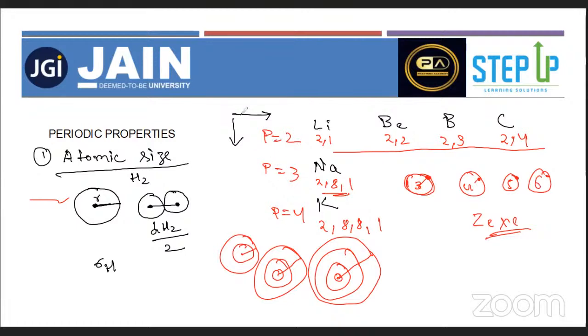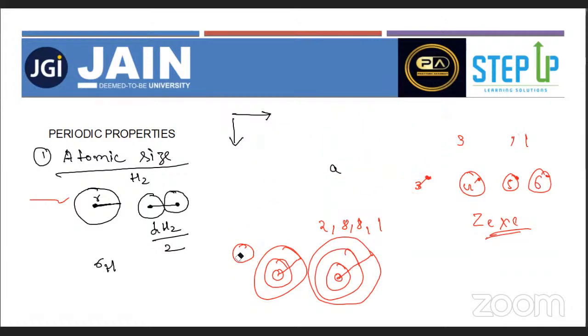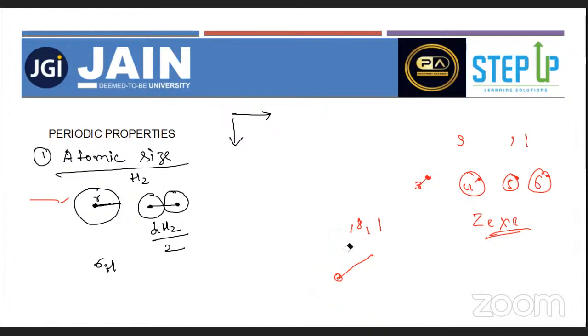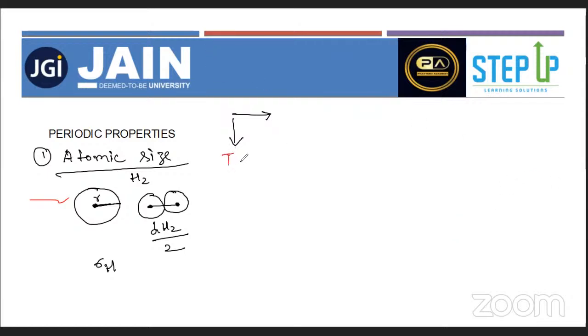If I want to summarize all this, there are only 2 ways when I'm talking about trends of atomic size. Either it goes top to bottom or left to right. When it is moving left to right, Z effective, that is effective nuclear charge, increases.